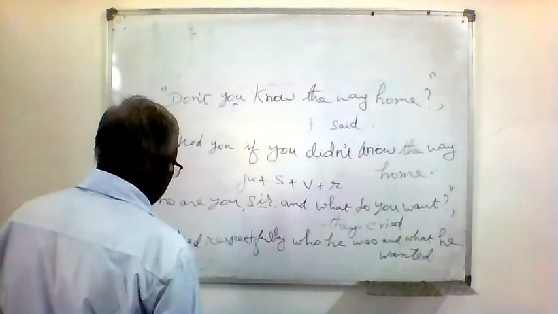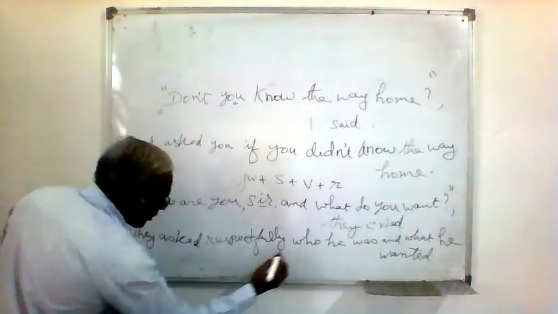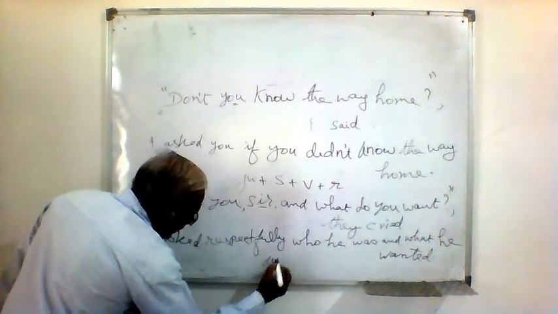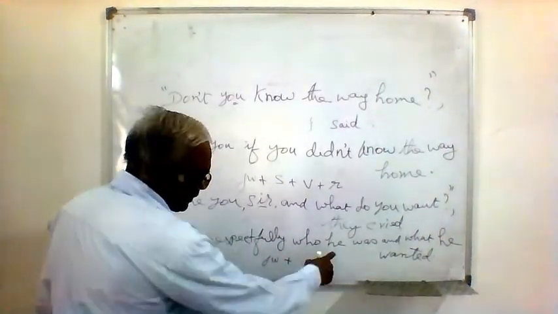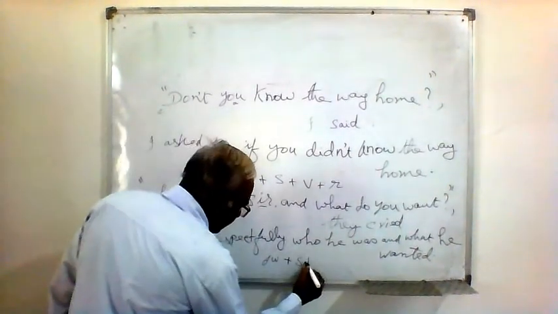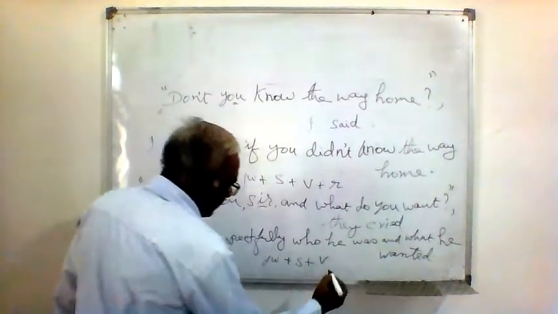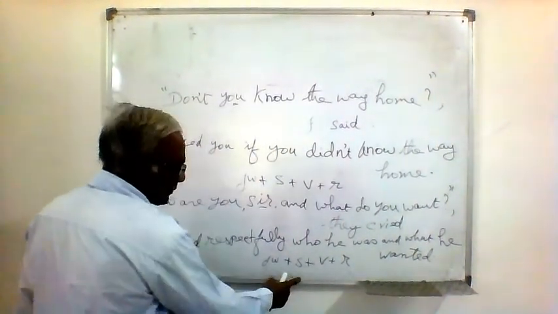The changes, if you see very carefully, the "who" has become the joining word now, followed by the "you," the subject that changed into "he," therefore subject, and then the verb, and then the remaining sentence. Who he was, that's the first part.